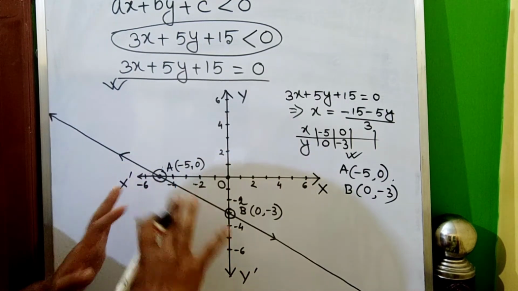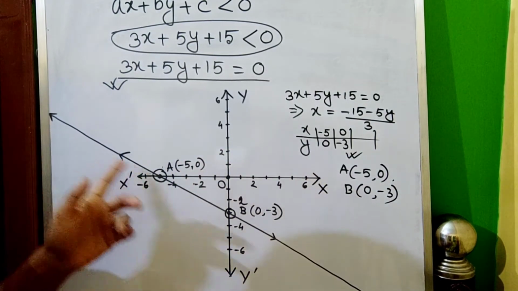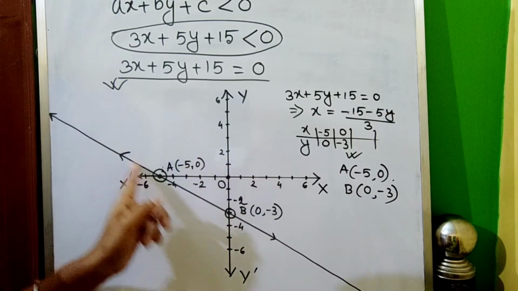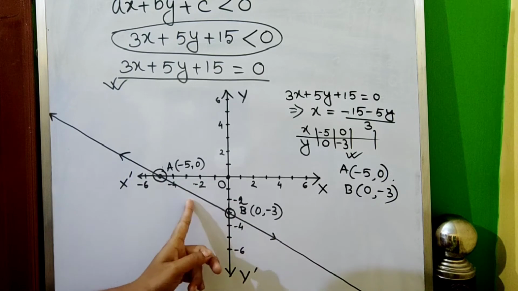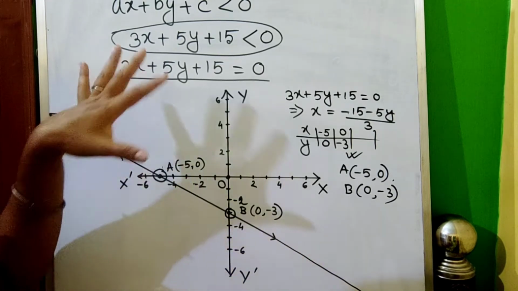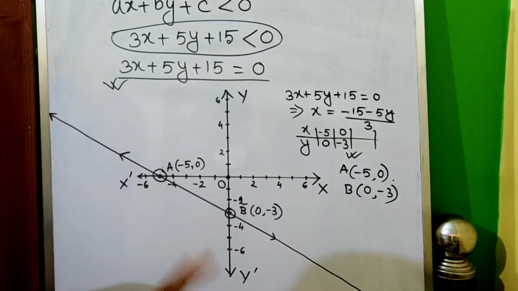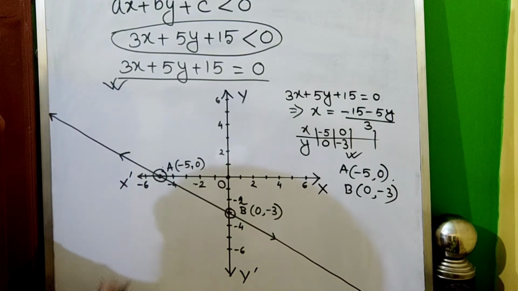So we can say that any linear equation, that means a line, divides the whole coordinate plane into 2 planes, this side one plane and that side one plane.